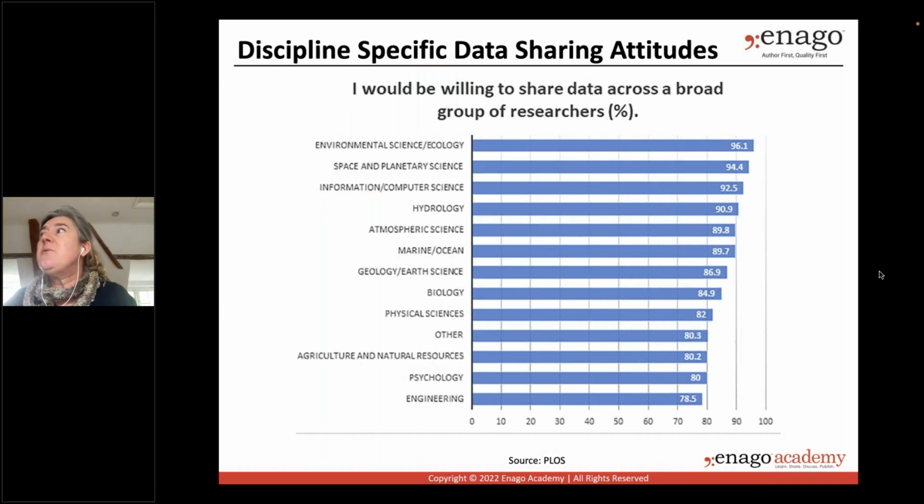Got a bit more information from that survey here, just looking at how there are differentials across research subject areas. Some areas, it looks like environmental sciences and earth sciences, are more open to the idea of sharing than some others, say engineering and psychology. I think it's probably more granular than that, even still.